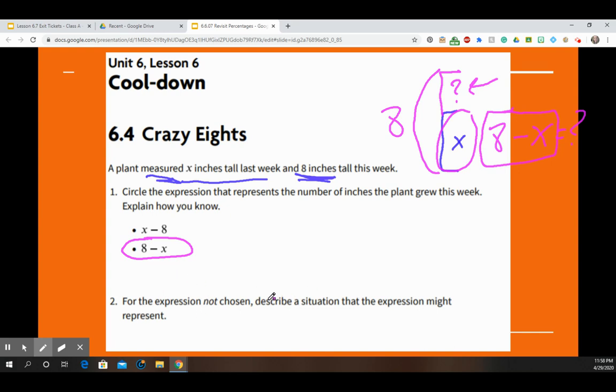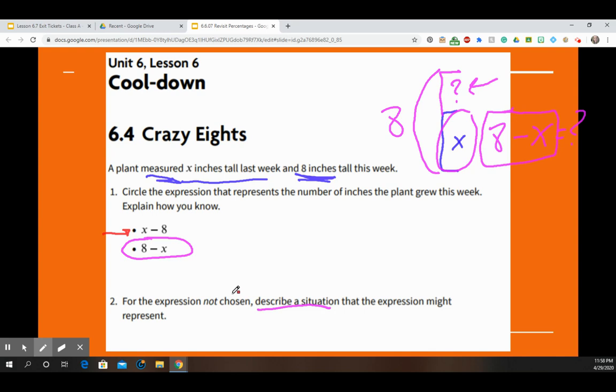For part 2, they asked you to describe a situation, like write a word problem that this expression might represent. And here they're now talking about this one, x minus 8. So any situation is totally fine. I might have said that a plant is X inches tall. Last week it was 8 inches tall.